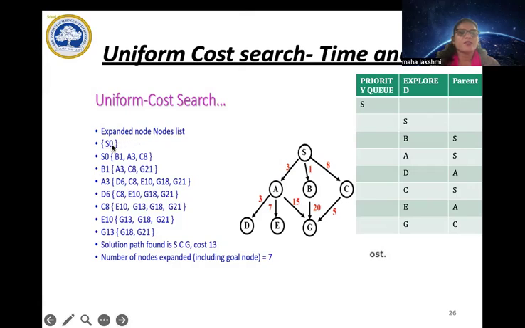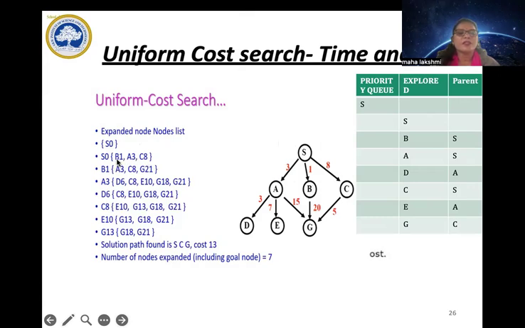The first node that has been expanded is S0, S with path cost 0. Whatever the suffix that is added after the nodes, they are the path cost. S will be expanded with respect to its children A, B, C. So A, B, C will be added here in the ascending order of their path cost. Path cost of B is 1, path cost of A is 3, and path cost of C is 8. So B should come first, then A, then C.